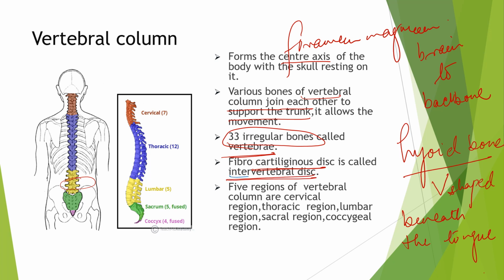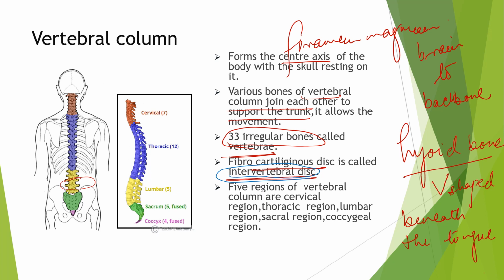That disc is acting as a cushion in between the two vertebrae. If two vertebrae are together, they are two bones, they will be having friction. So to reduce that frictional force, there is a fibrocartilaginous disc. So the function of this is to reduce the frictional force between two vertebrae. This is called the intervertebral disc.